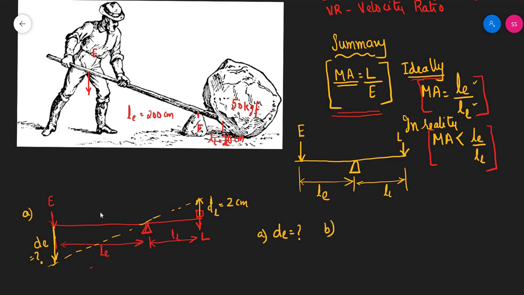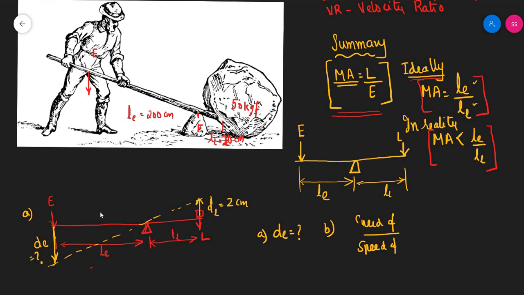And B, we need to find what is the speed of the load divided by the speed at which the load moves up, divided by the speed of effort. Or rather, let's do it vice versa.